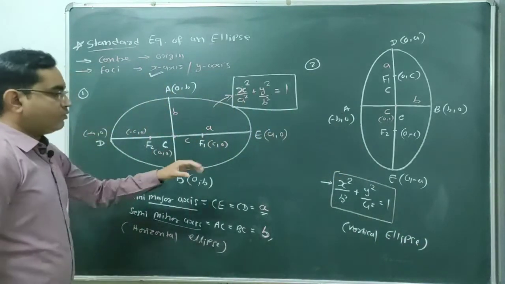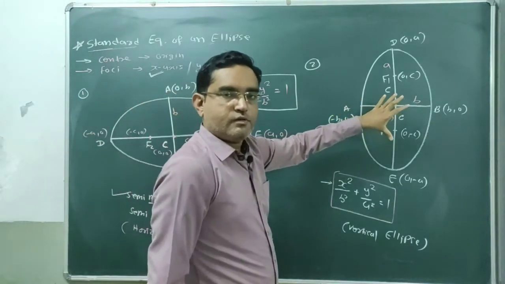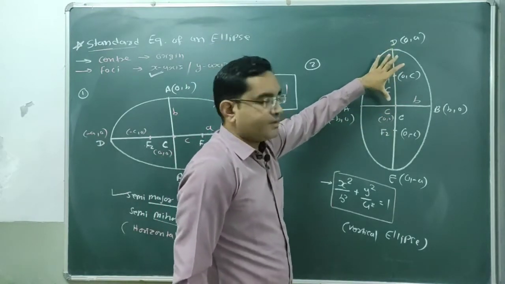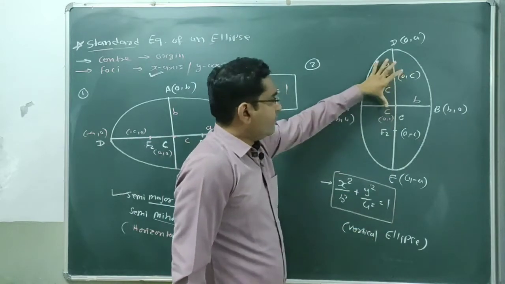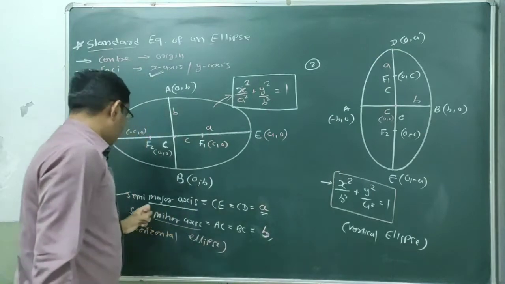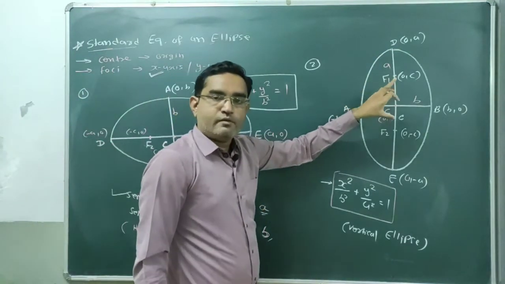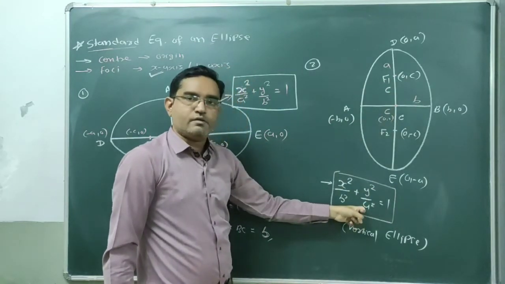Now let's compare these two. For this vertical ellipse, the major axis, or we can say semi-major axis, is along with the y. What is the length of semi-major axis? Length of semi-major axis is small a. So now our a square term will come with y square term. So it's y square by a square.